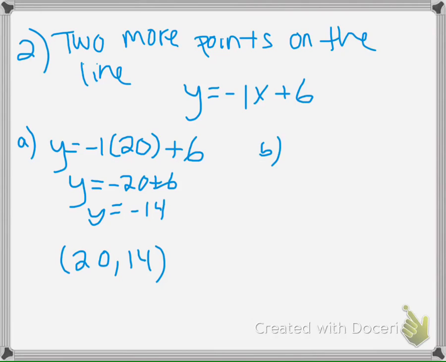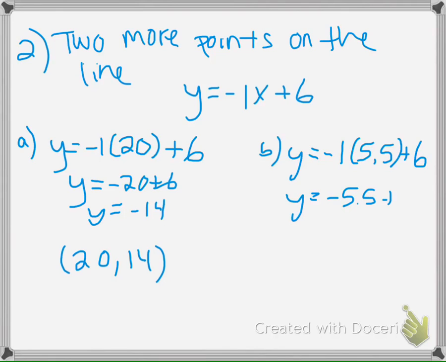Okay, it even works with like decimals. So I'm going to do 5.5. Okay, -1 times 5.5 is -5.5 plus 6. And so y equals 0.5. So the coordinate point would be 5.5, 0.5.